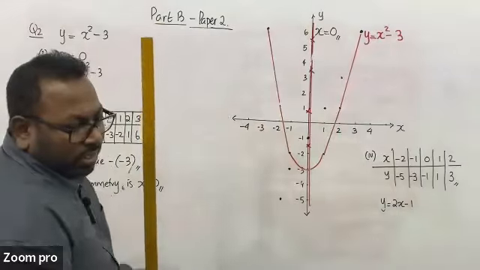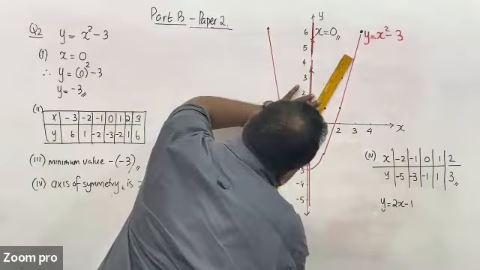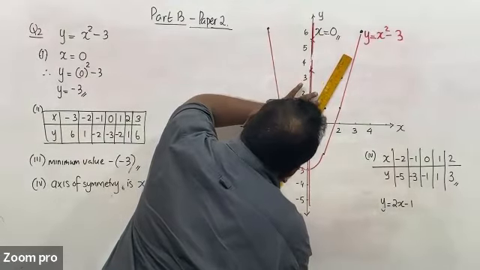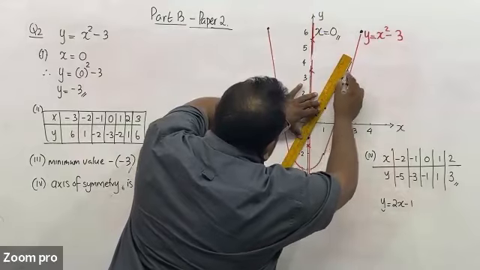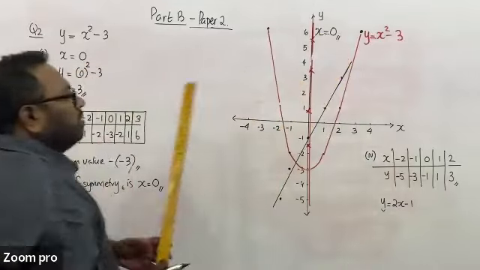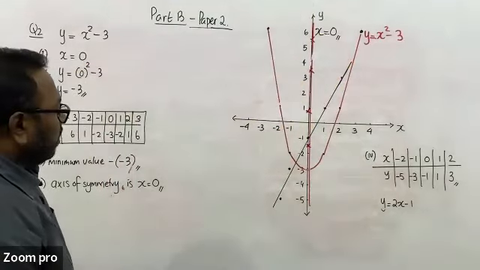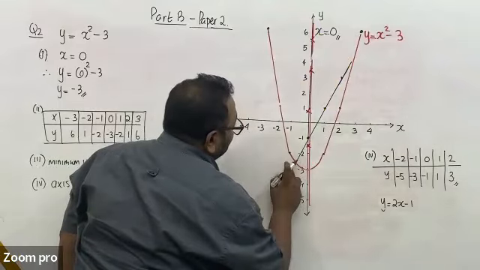Take your ruler, join them. Like this. So it should match. This should be here.